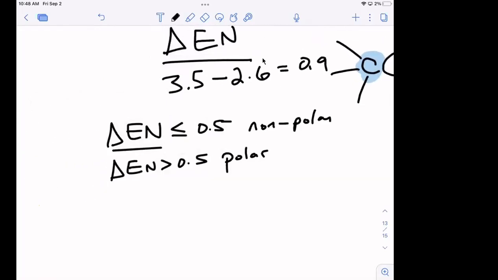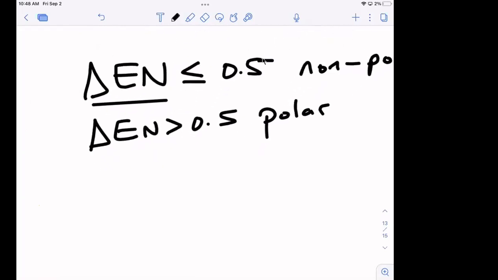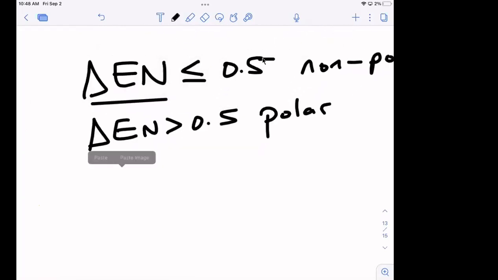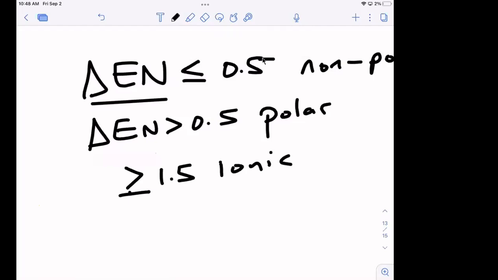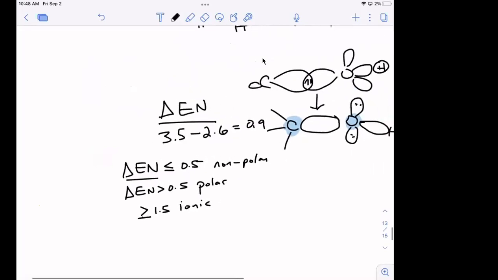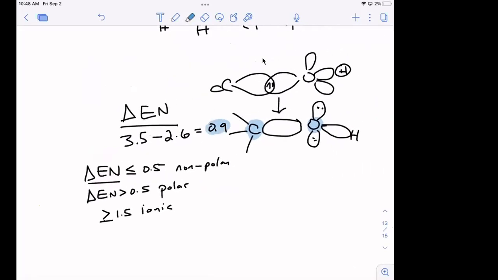Right? And then you have another type of attraction. It's not really a bond, it's called ionic. And if I'm not mistaken, that's greater than or equal to 1.5. All right. So here, the difference in electronegativity is 0.9. So is this a polar covalent bond or a non-polar covalent bond?